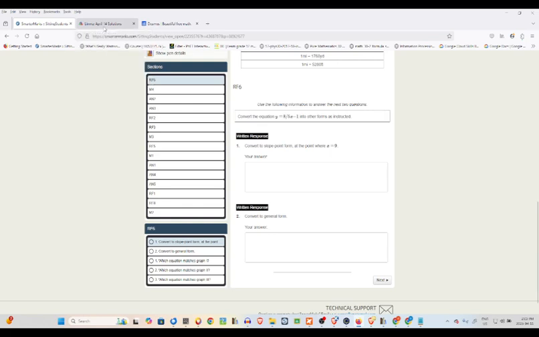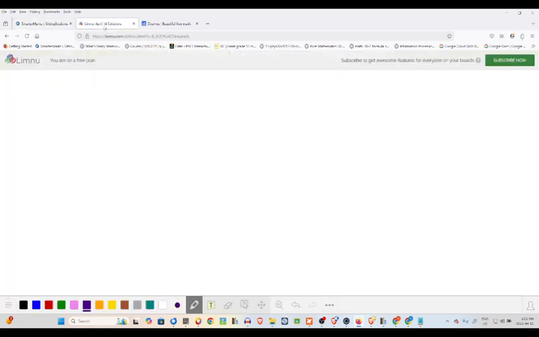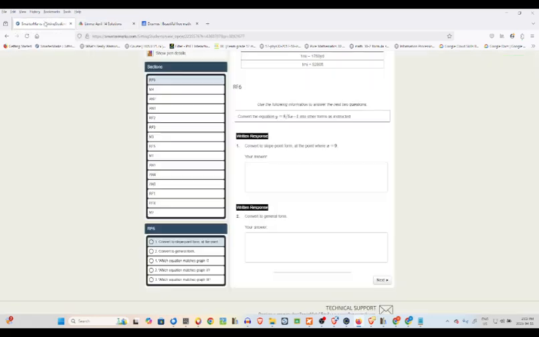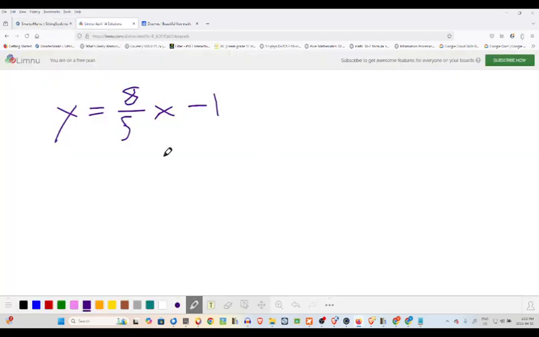So doing it algebraically, if y is 8 over 5x minus 1, well, when we substitute 9, we get 8 over 5 times 9 minus 1.